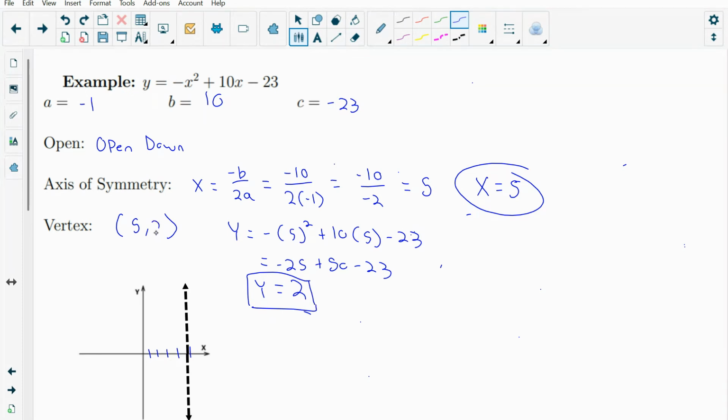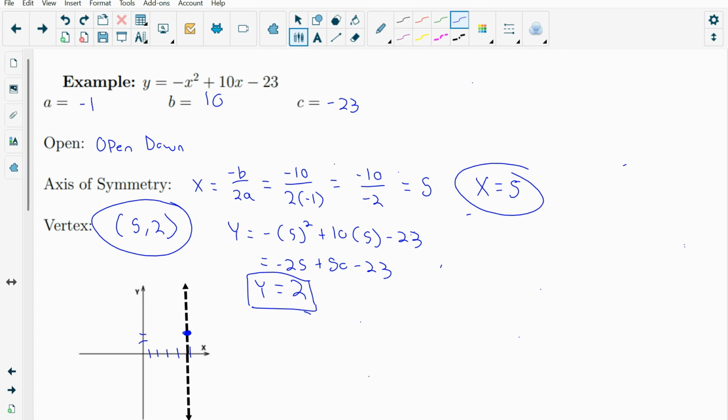So that means that my vertex is going to be at 5 and positive 2. So I'm also going to graph that in right away. There's going to be my vertex.